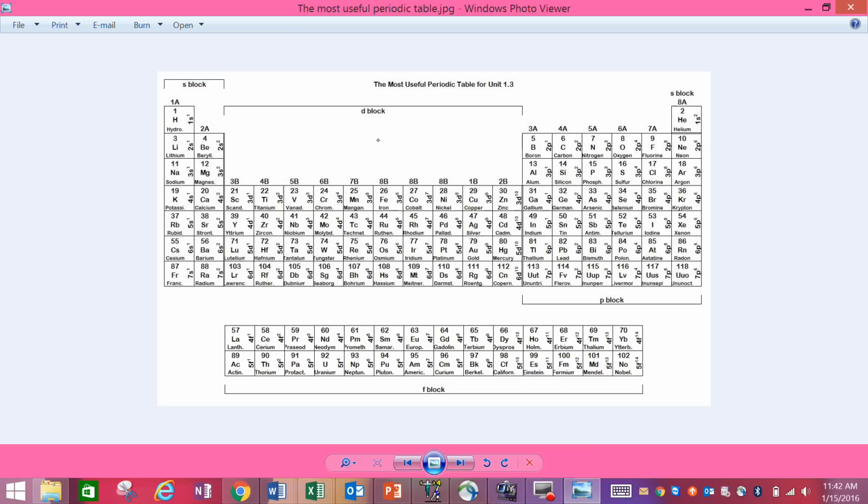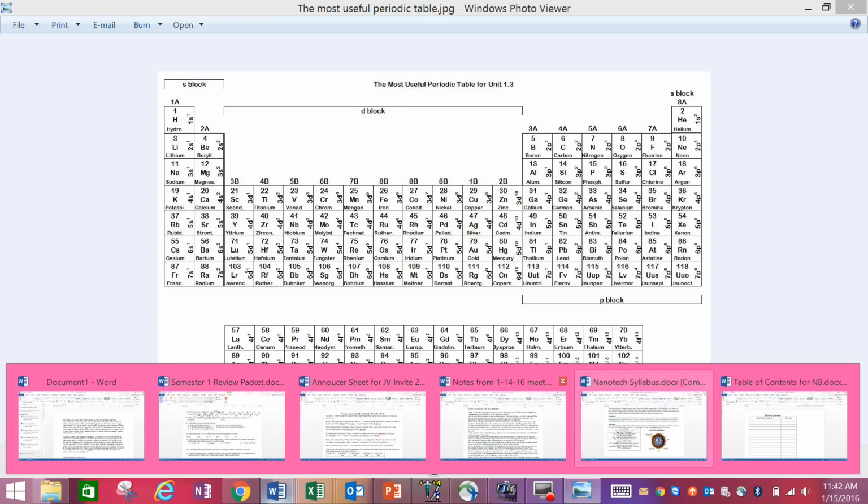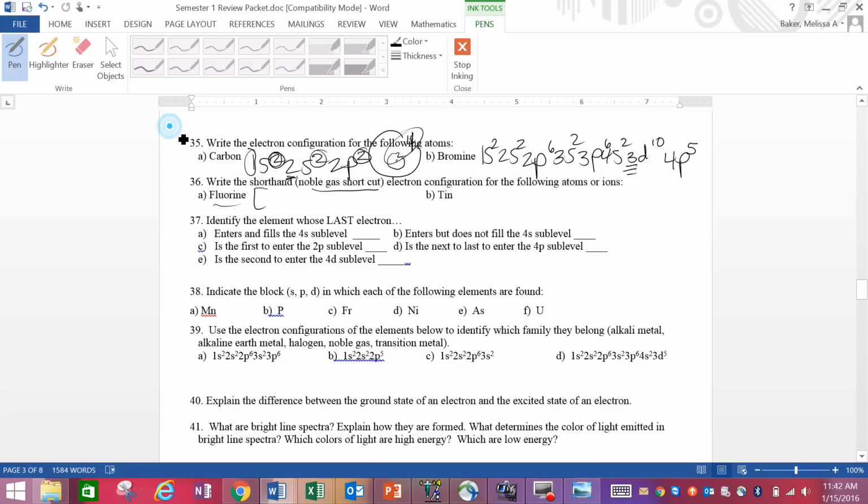So for tin, number 50, the last noble gas before tin is krypton. Okay, so these will turn out like this. For fluorine, helium in brackets, and then 2s2, 2p5. And for tin, it'll be krypton in brackets, 5s2, 4d10, 5p2.